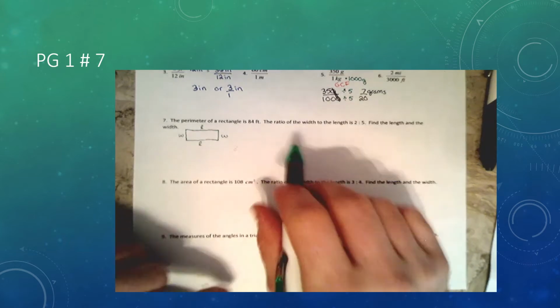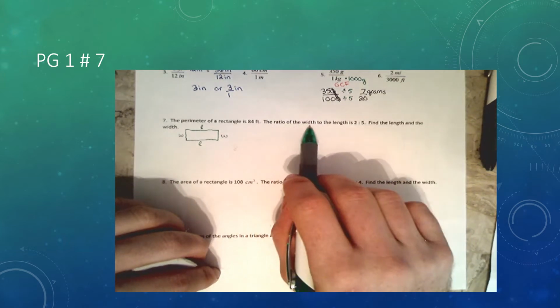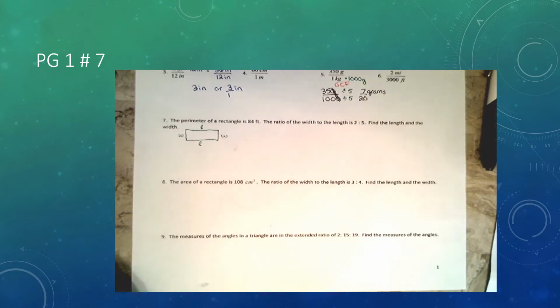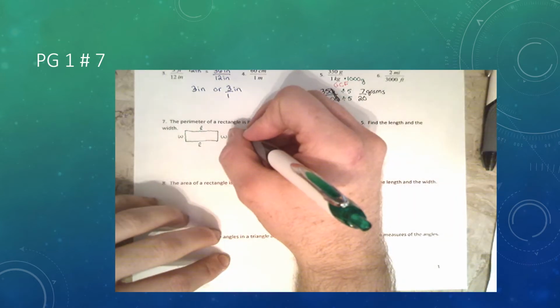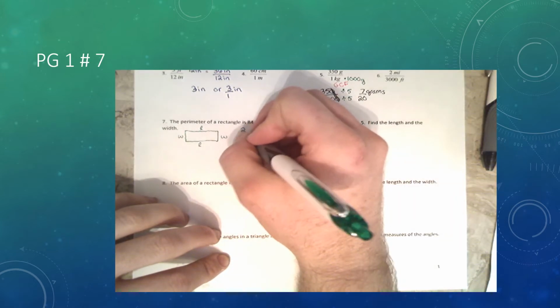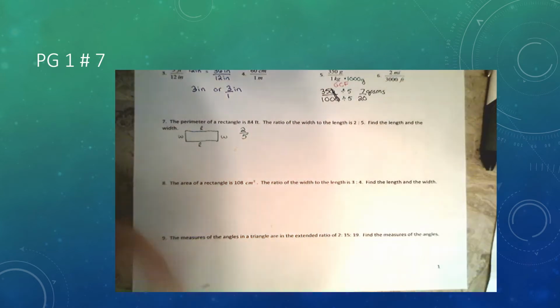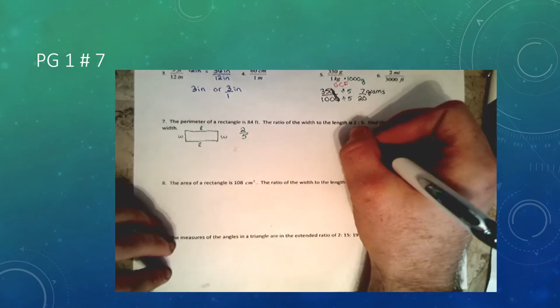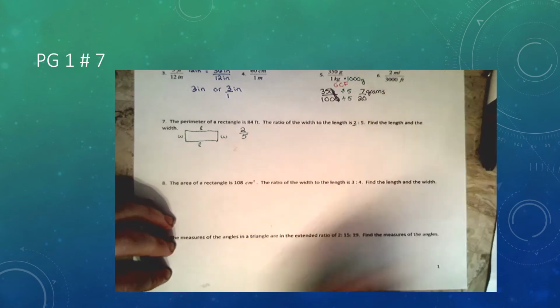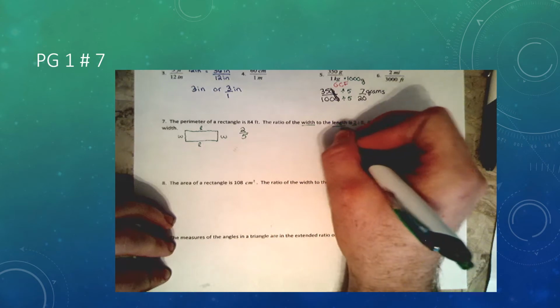In this case, they say the ratio of the width to the length is 2 to 5. So I'm dealing with a ratio of 2 to 5, which can also be written as 2 over 5. They tell me that the width goes with the 2, the length goes with the 5.